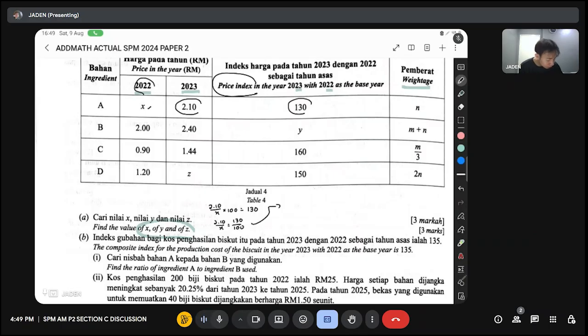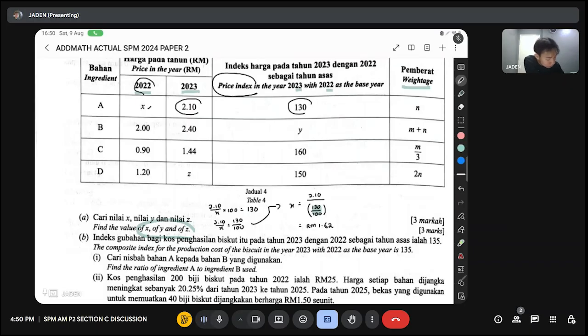And if you want to get your x, it is actually 2.10 divided by 130 over 100. Make sure you complete 130 divided by 100 first, then only you take 2.1 divided by the so-called 1.3. Then you're going to get the answer here. X is 1.62. Now, if you want to include the RM, I think it's fine at the front. You can always include RM 1.62 since this is the price of ingredient A. So including the RM will be better.